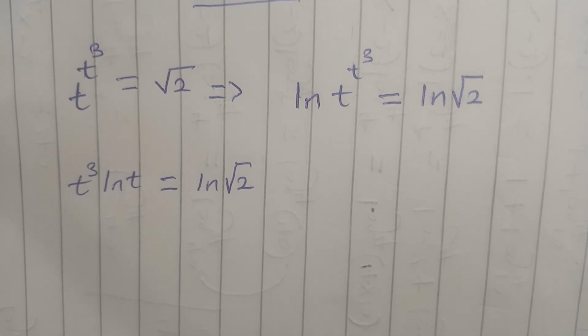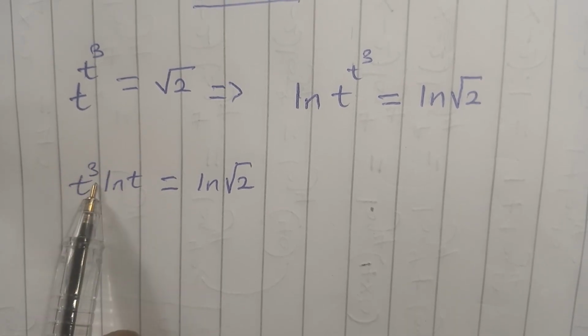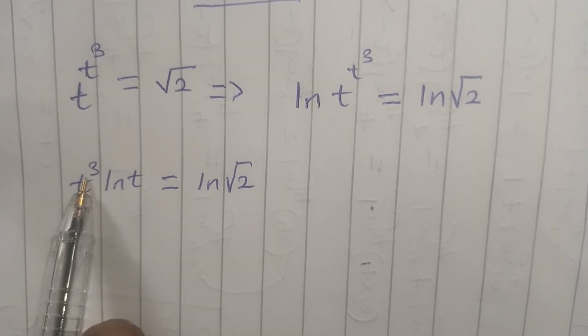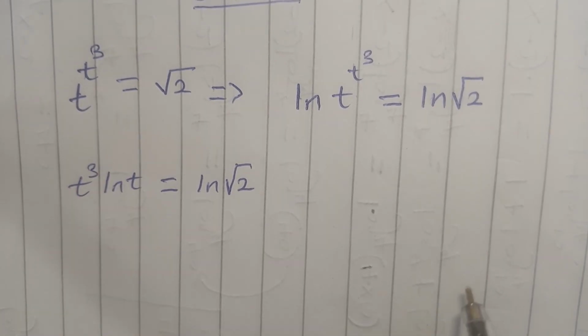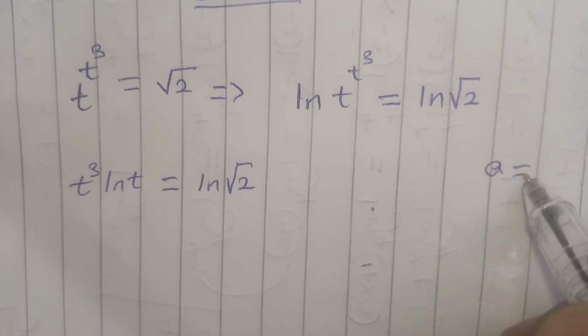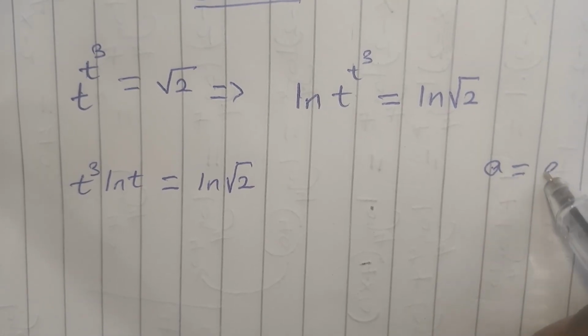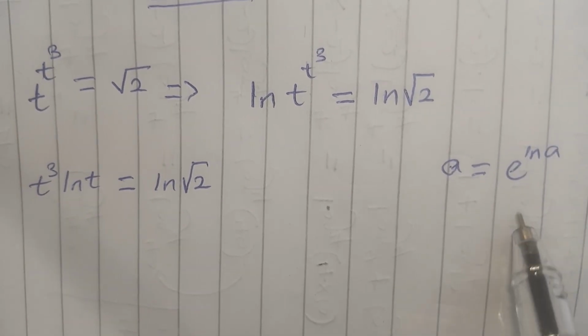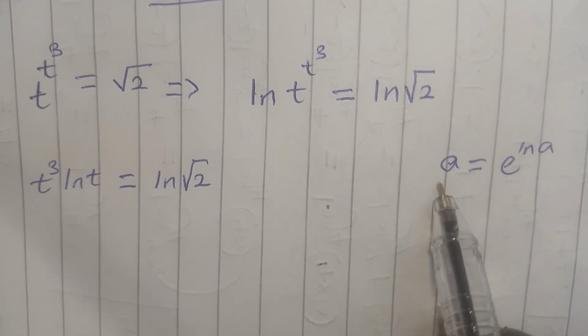Having done this, what are we going to do again? We are going to rewrite this side, but before we do, I'm going to show you a rule which says if we have a, it is equal to exponential of ln a, because this exponent will cancel this ln, so we are returning back to a.